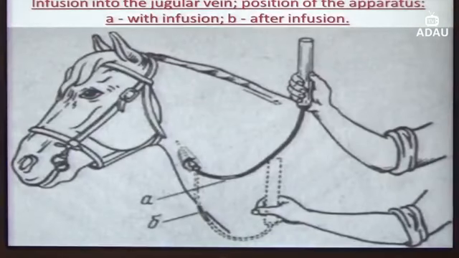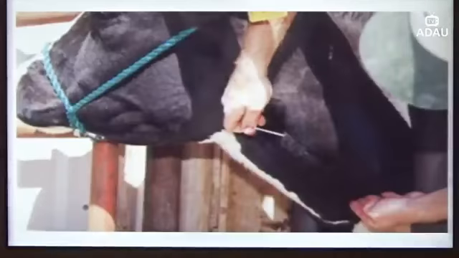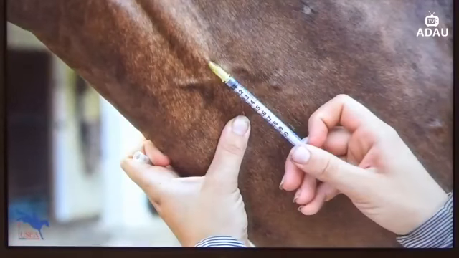Here we can see infusion into the jugular vein, the position of the apparatus with infusion, and after infusion. Here we can see very well how we should find the jugular vein, and after that very quickly inject some amount of liquid solution. We can see the jugular vein very well and the injected liquid solution.